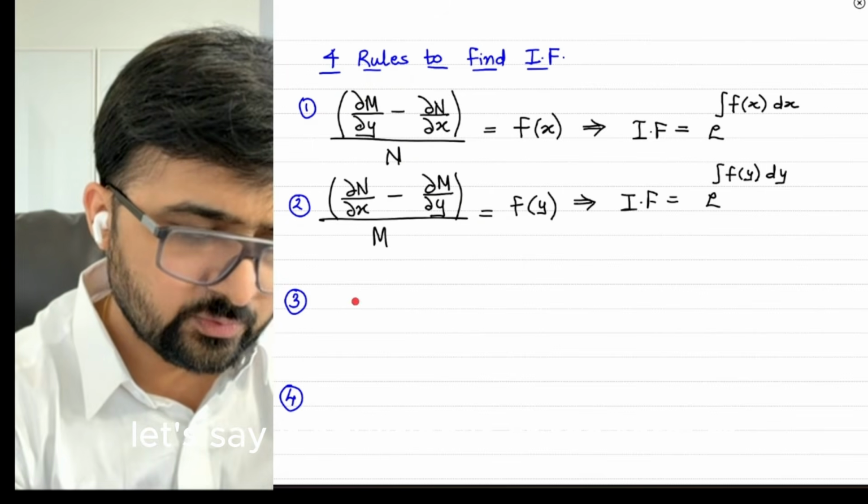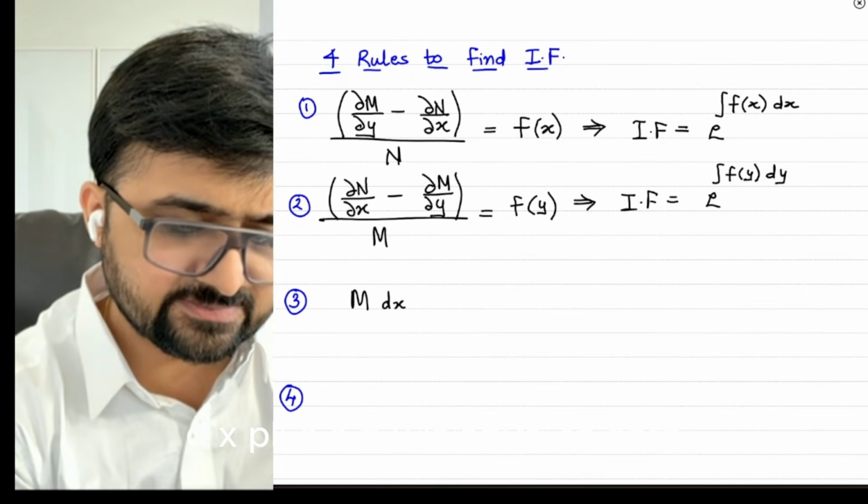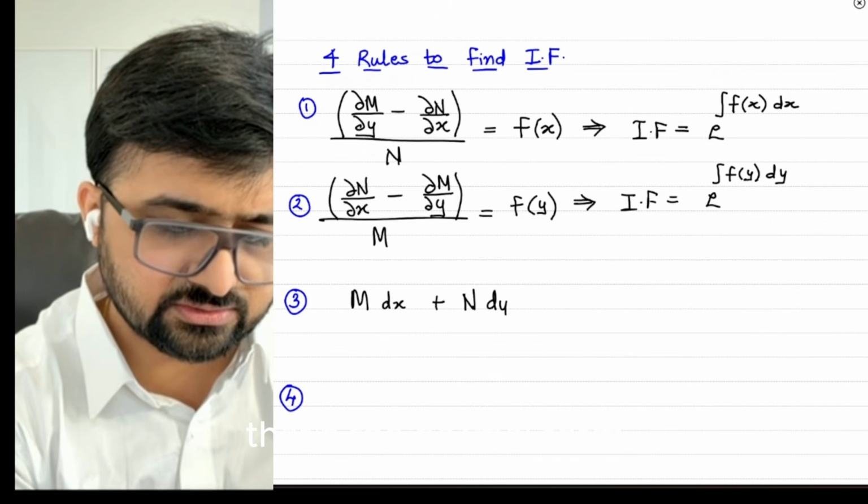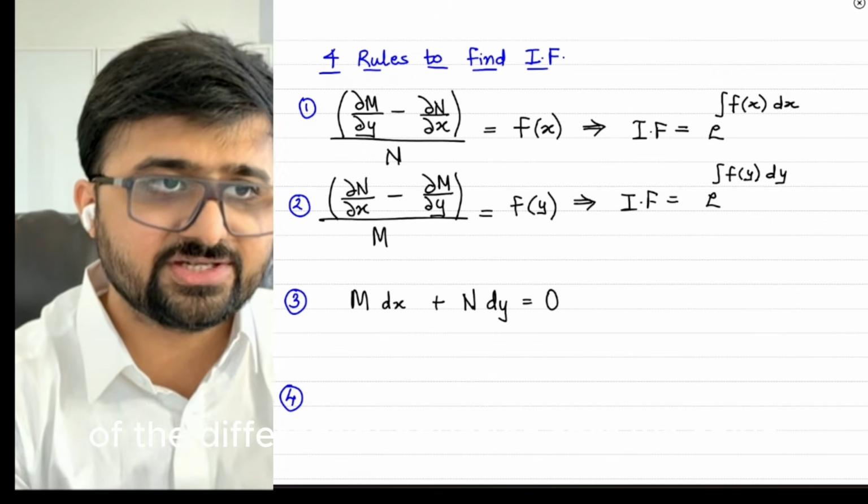Rule number three: let's say the equation is of the form M dx plus N dy equals 0, which is the normal form of the differential equation that we solve.